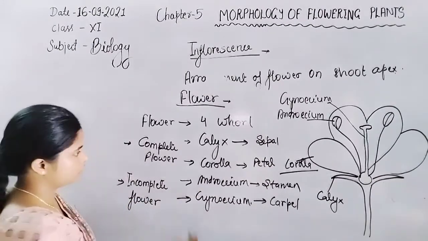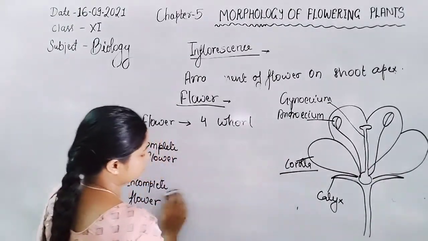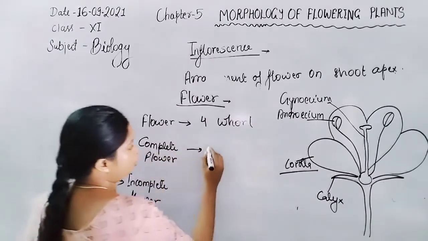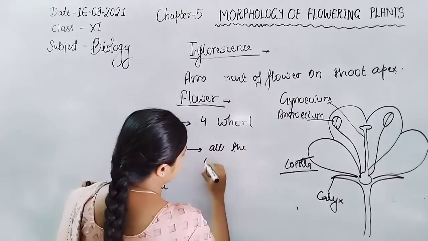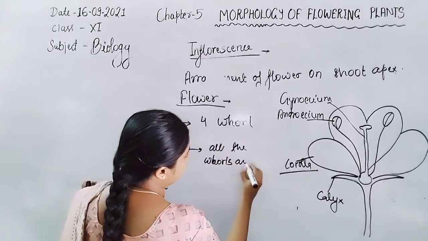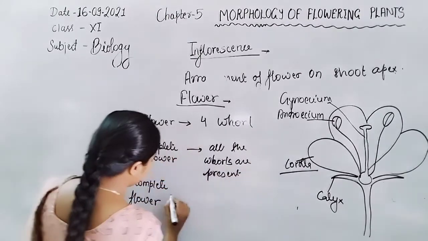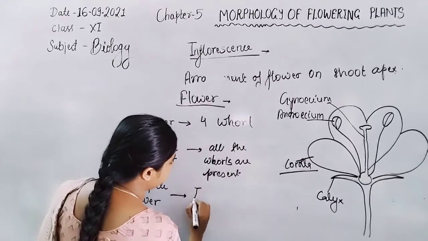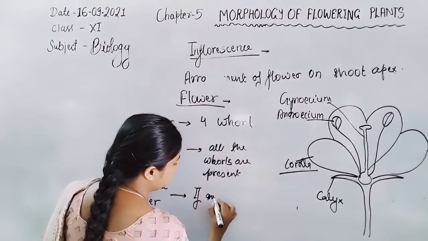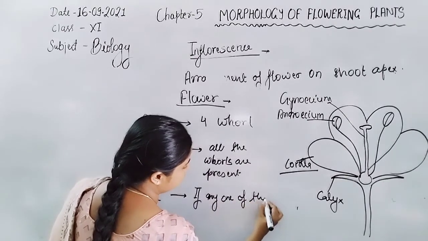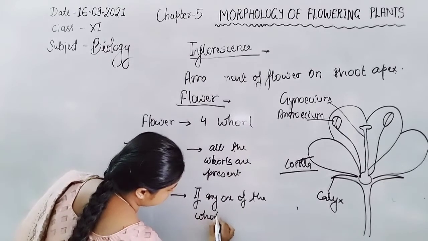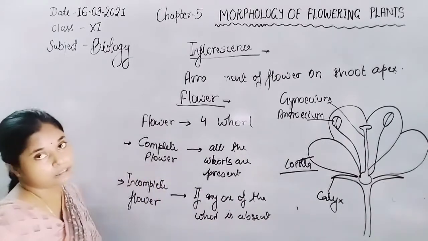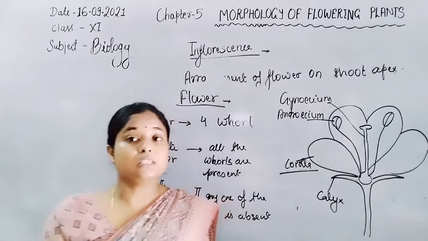So in a complete flower, all the whorls are present, and in an incomplete flower, if any one of the whorls is absent, such a type of flower is known as incomplete, as in the case of a unisexual flower.